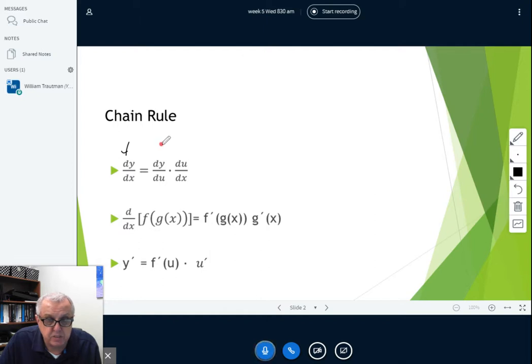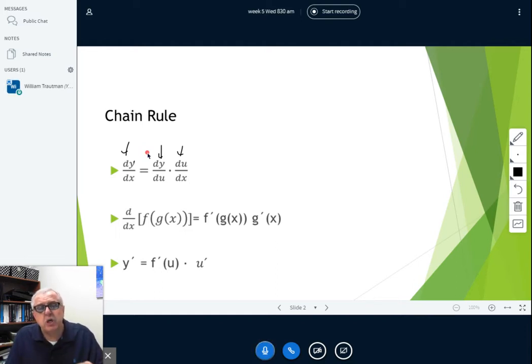Taking the derivative means you take the derivative of y with respect to u, and then you take the derivative of u. What does that mean? The chain rule is usually for a more complex function that's harder to take the derivative of.